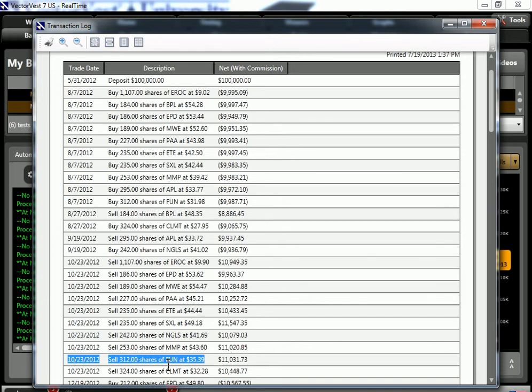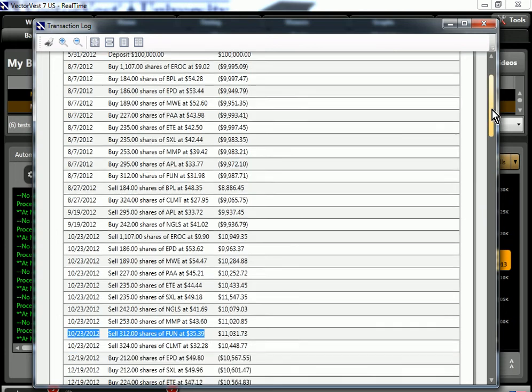We held those shares all the way till October 23rd, where we sold them all for $35.39. So we made a little bit of money just on appreciation. On top of that, FUN paid a distribution of 40 cents per share, multiplied times our 312 shares. That gave us $124 back in August of 2012.